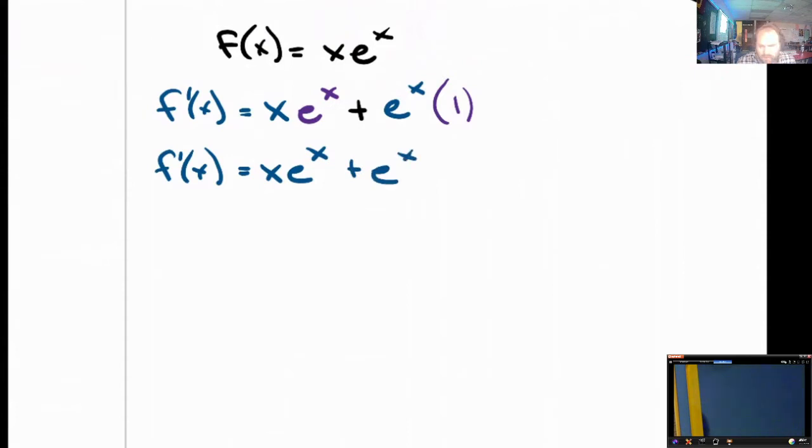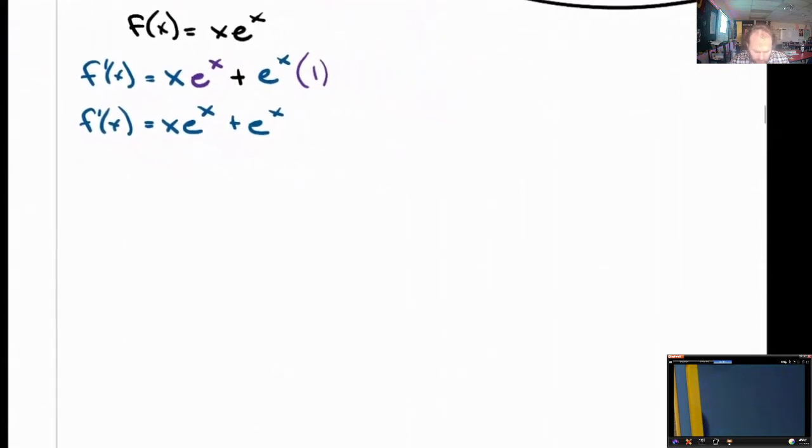Now, if we're going to talk about relative maxima or minima, we need to know places where this equals 0. So the next phase is, okay, when does 0 equal x times e to the x plus e to the x? A really good way to answer this question would be to factor out e to the x.